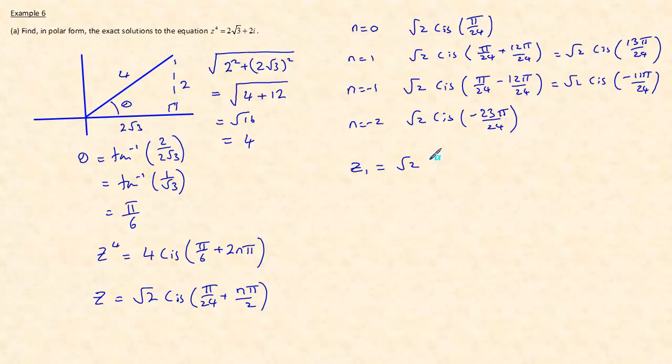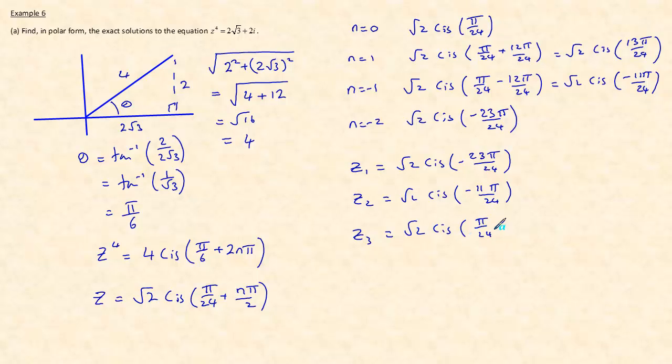So that's going to be z1 is root 2 cis negative 23 pi by 24, and z2 would be root 2 cis negative 11 pi by 24, and then z3 is going to be root 2 cis pi by 24, and finally z4 is root 2 cis 13 pi by 24.